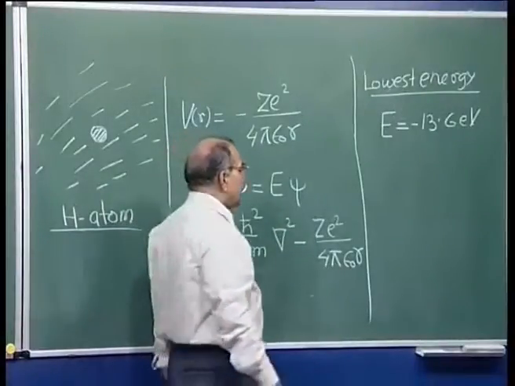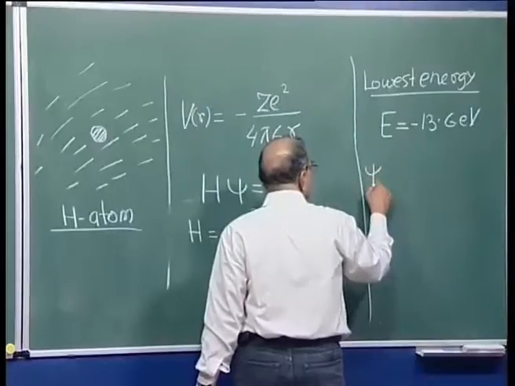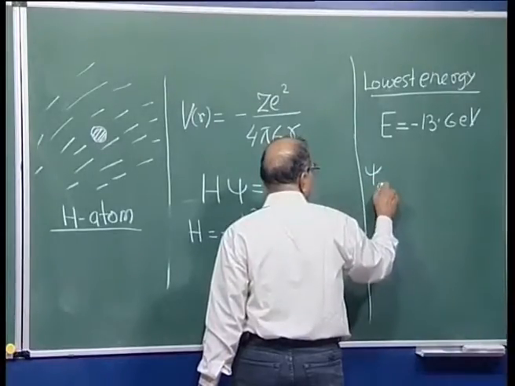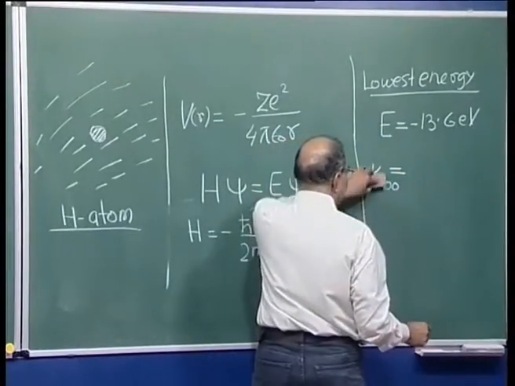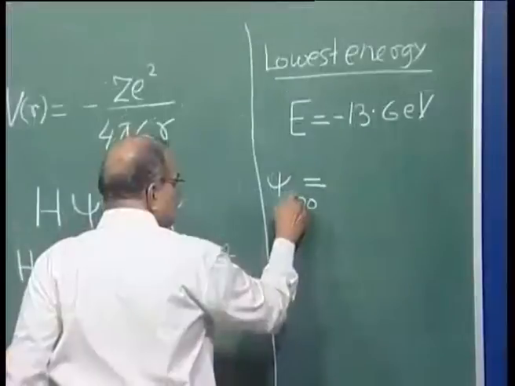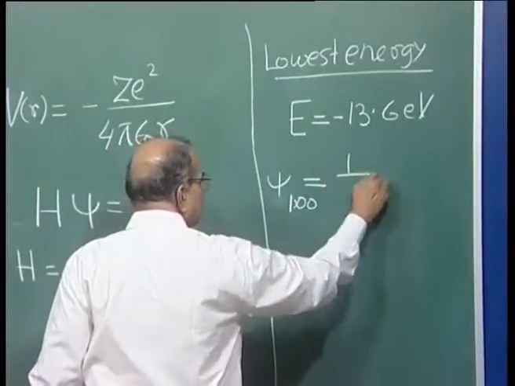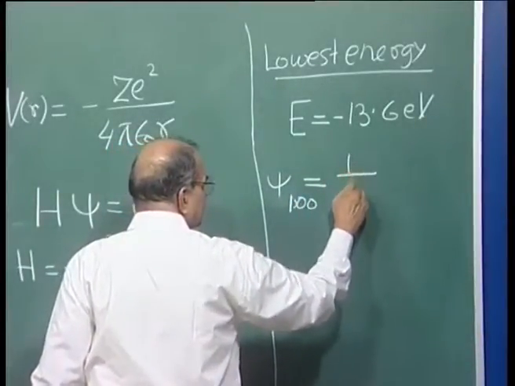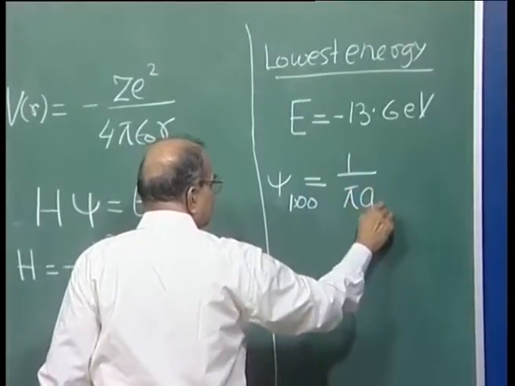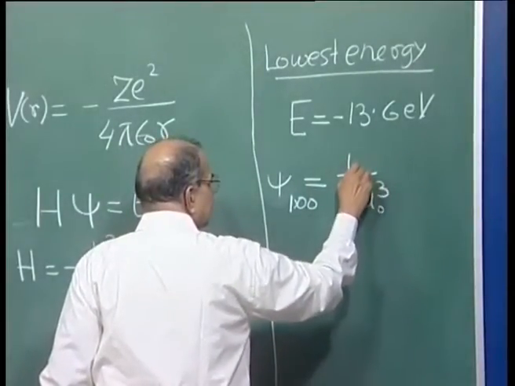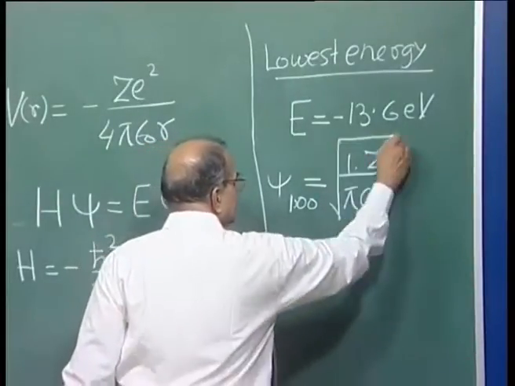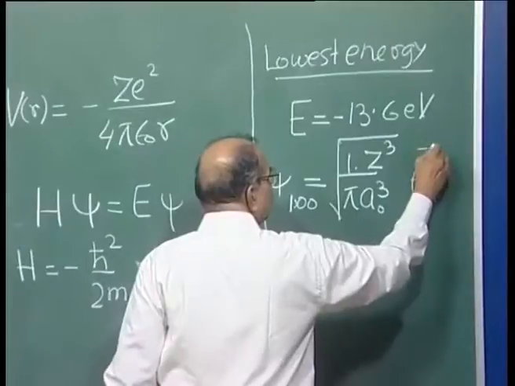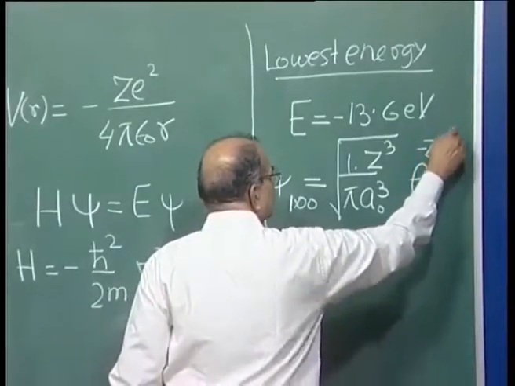And what is the wave function corresponding to a hydrogen-like atom? You generally write it as psi 1 0 0, n equal to 1, l equal to 0, m equal to 0. This will be the square root of Z cubed over pi a naught cubed, times e to the power minus Zr over a naught.